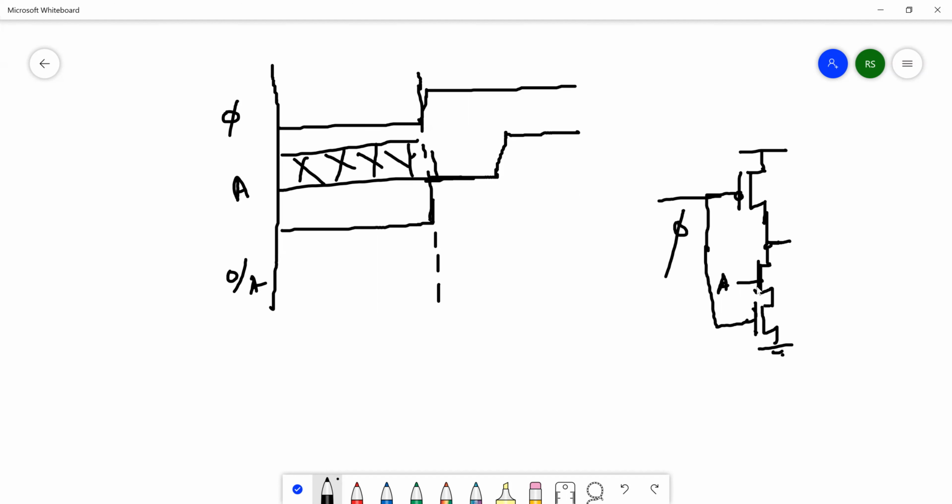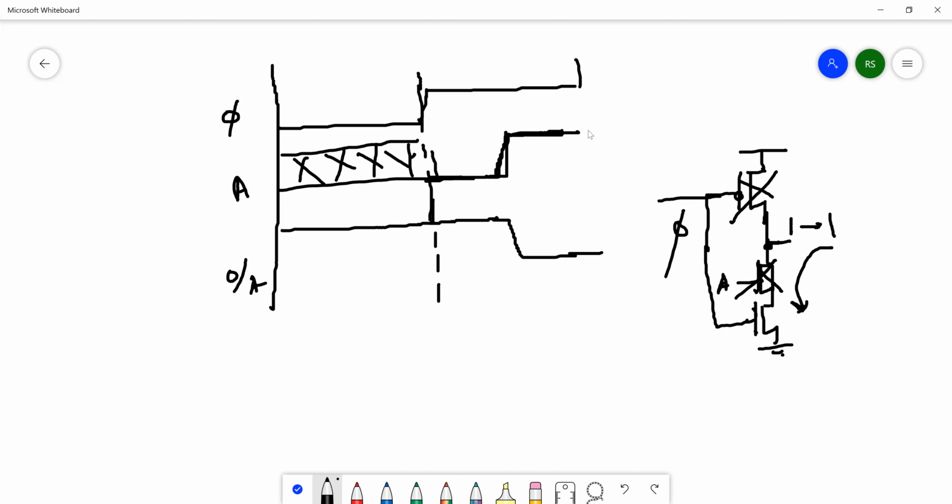So when A is equal to 0, this transistor is not conducting. This transistor is also not conducting. So output cannot discharge. It will continue to stay at 1, and that is what we will see first. And once A goes from 0 to 1, then output will fall. Suddenly this will start conducting and it will get discharged.